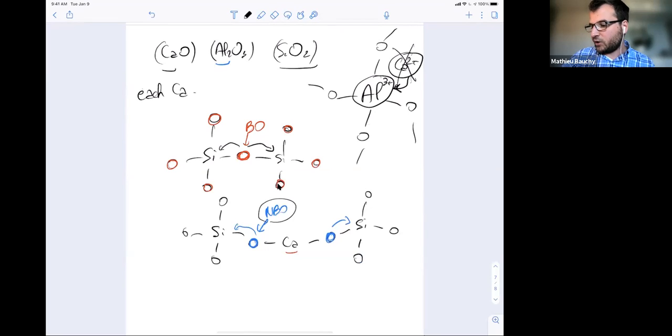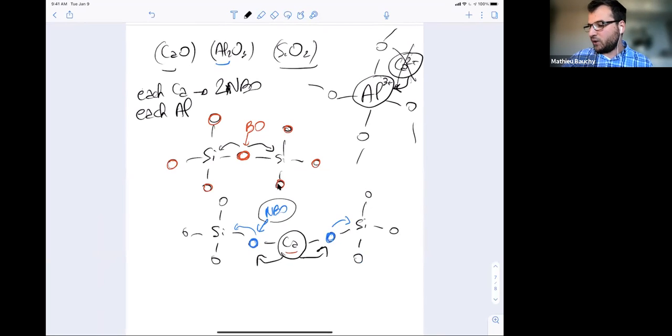Each calcium will create 2 non-bridging oxygen. Every time you add 1 calcium, you will create those 2 non-bridging oxygen. And on the other hand, each aluminum will consume 1 non-bridging oxygen. Every time you add 1 aluminum, it's going to remove 1 non-bridging oxygen in the glass.